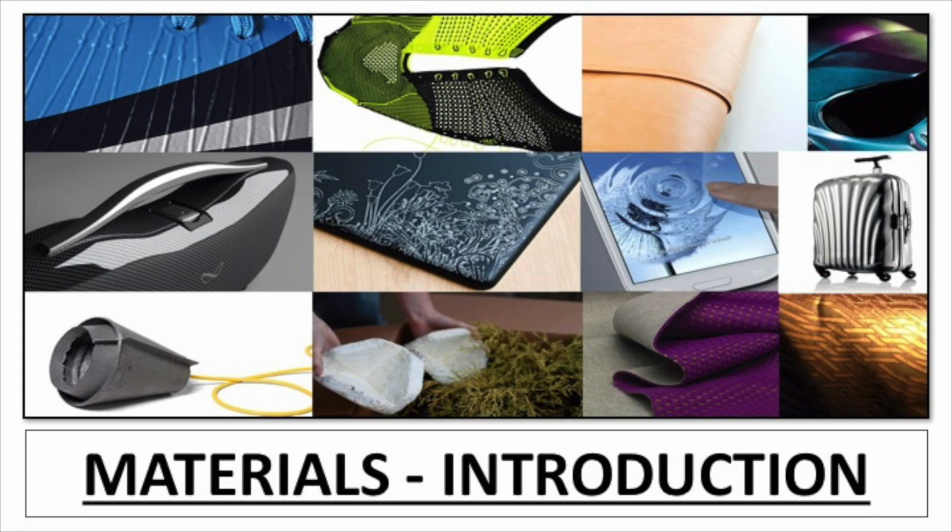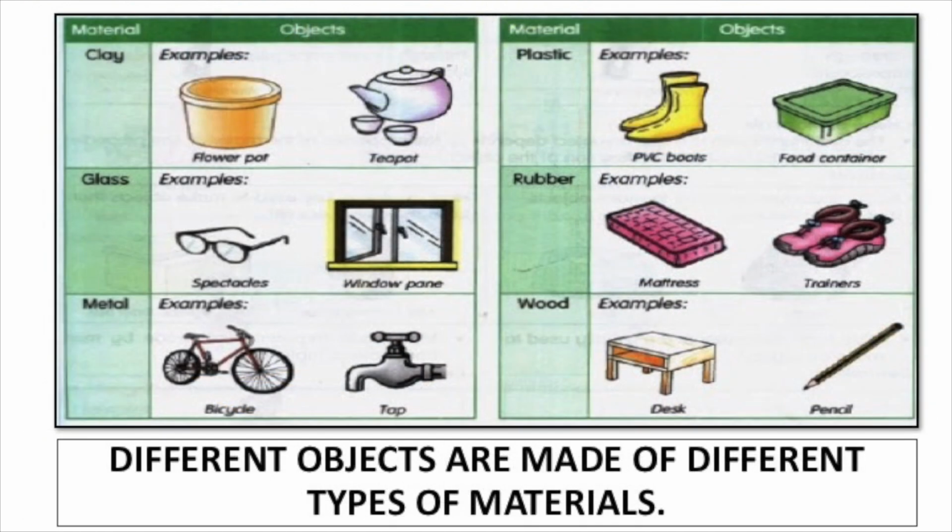We have glass, plastic, rubber, metal, and also some other things too. And what we'll do, we're going to learn a little bit more about the different materials. Different objects are made of different types of materials.